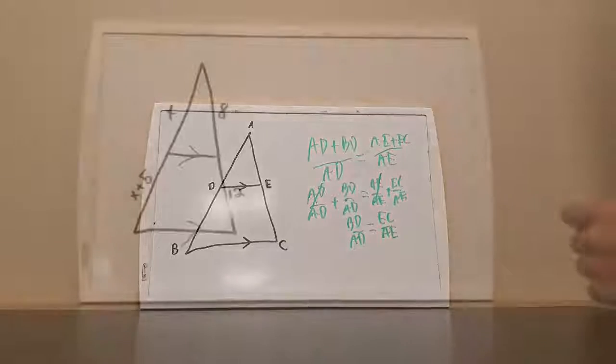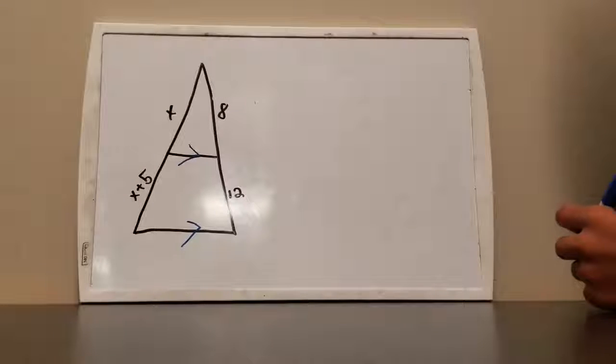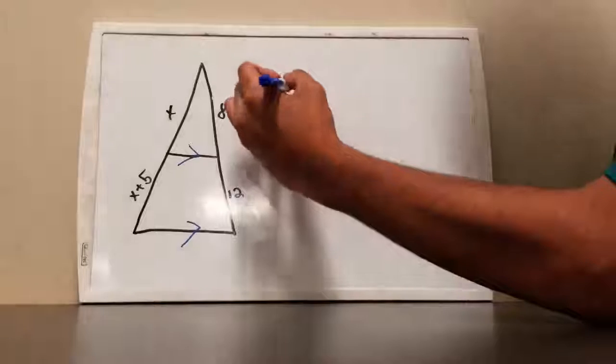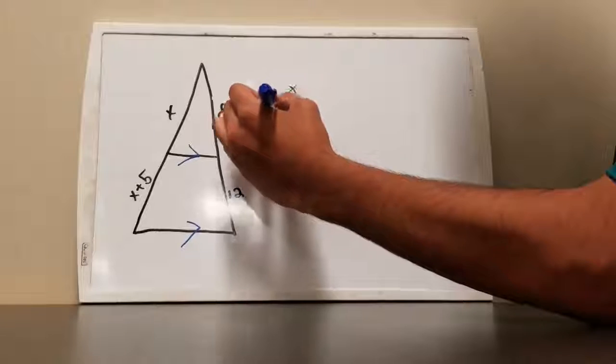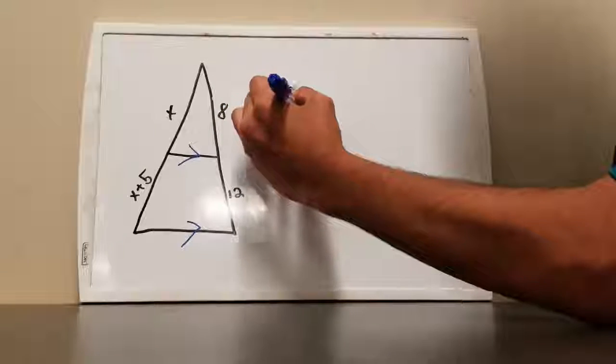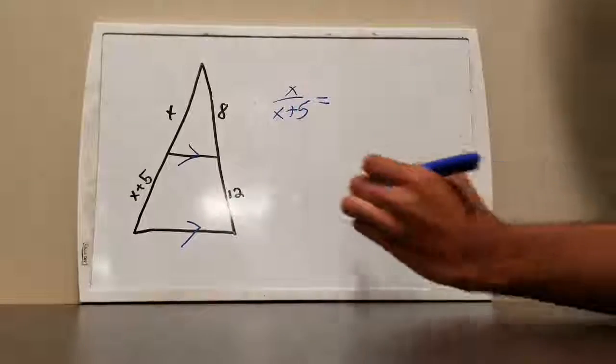And that's it. Now that we proved the side splitter theorem, we're able to use it in a triangle proportionality problem instead of the traditional method. So with the side splitter theorem, we're able to use x over x plus 5 equals 8 over 12.